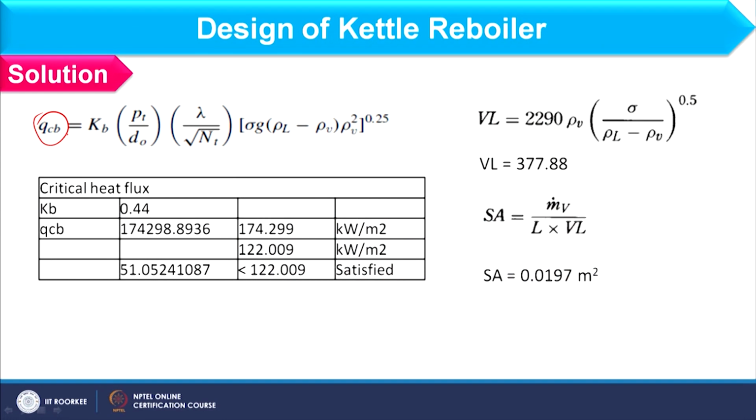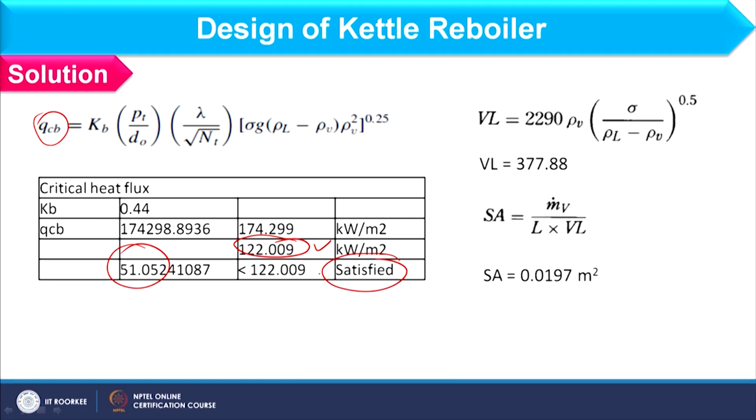This is the expression which we have already discussed in the last example. So, I am simply giving the value of 70% of QCB, and that comes as 122.009. The system flux we have already calculated in the last slide, and the condition is satisfied in this problem.